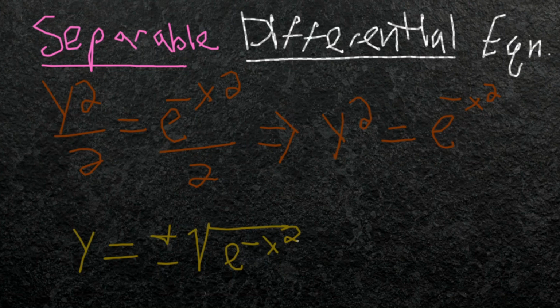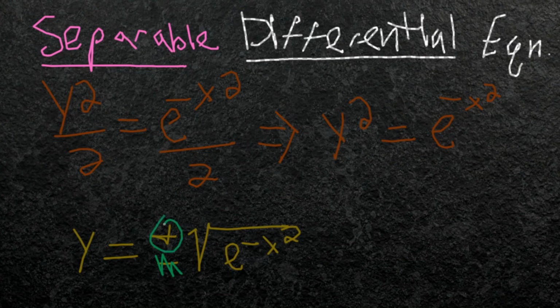But they gave us an initial condition where y is positive. So since we're finding the particular solution that goes through this point, that means y is going to be the positive square root. If this was a point (0, -1) on the other hand, then we would say y is a negative square root. But we know in this case that y is a positive square root, so we can get rid of the negative since we're only going to be dealing with the positive square root.